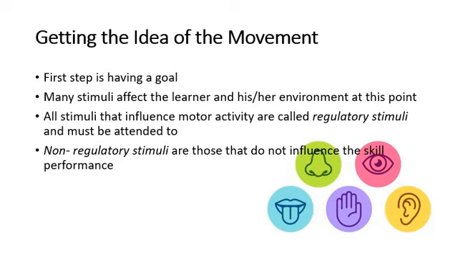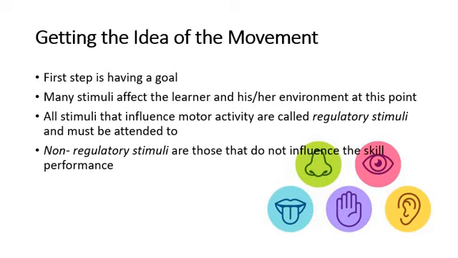And there are many stimuli that affect the learner and his or her environment at this point, some of which relate to the goal and some are not. So what are these stimuli? These stimuli influence motor activity, and they are called regulatory stimuli, and they are those that we must attend to. Okay?